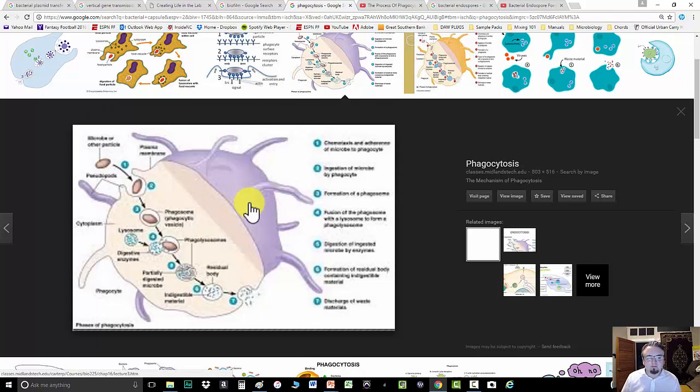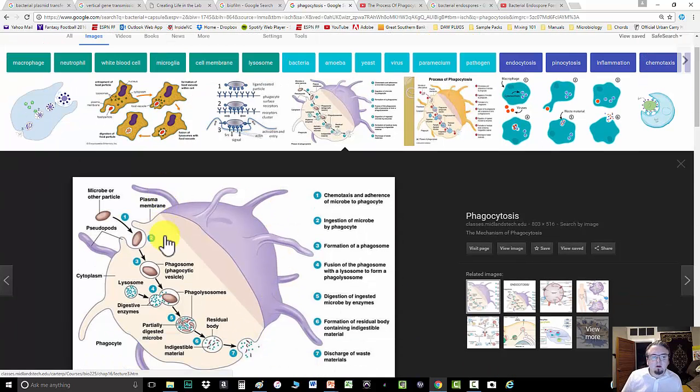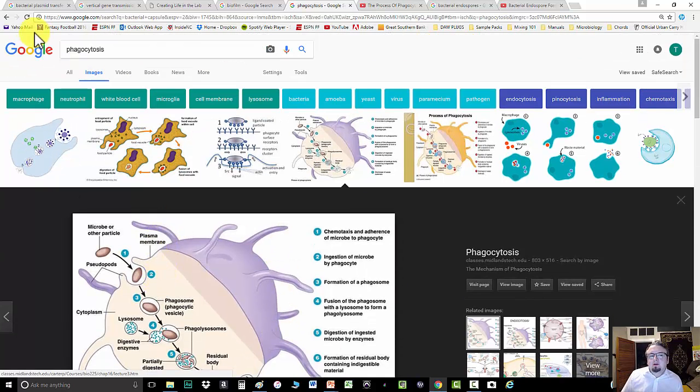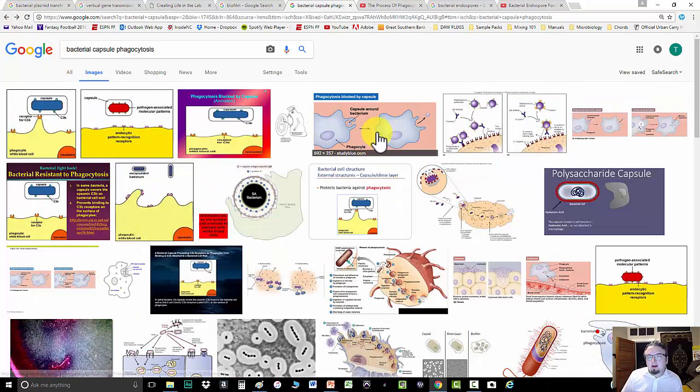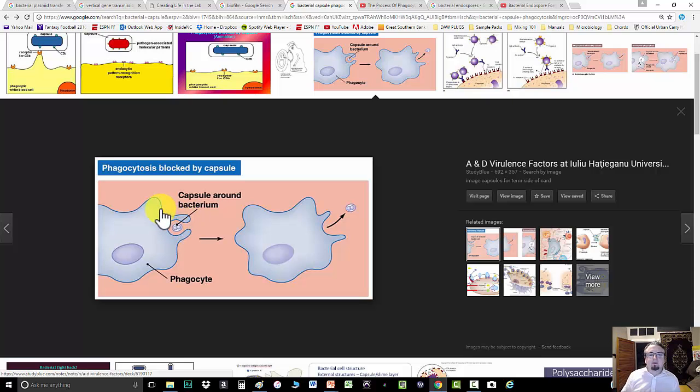Here's a better picture showing the same process. So here's your microbe being swallowed, being infused with digestive enzymes, those breaking down the bacteria and the parts being released there. So that's the normal process of phagocytosis. What happens in a lot of cases with the capsule is that the capsule will basically prevent that bacterium from being fully engulfed by the phagocyte.